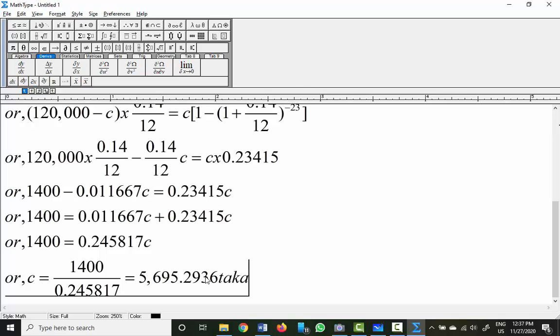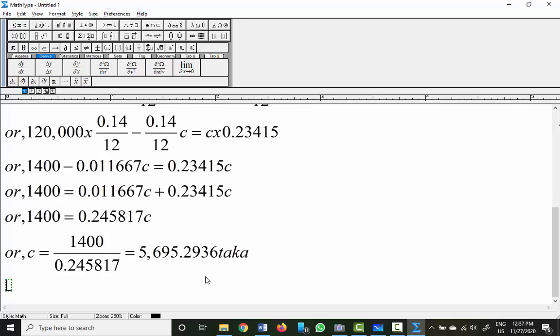That means every month you should pay, so the monthly installment amount, the EMI, is equal to 5695.293 taka. This is the monthly installment amount.